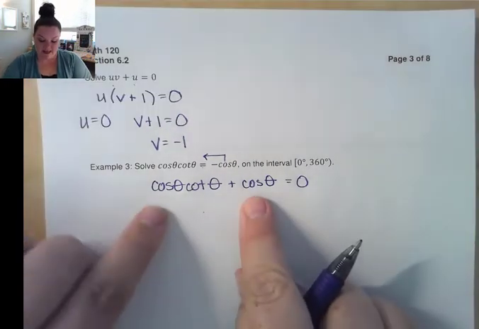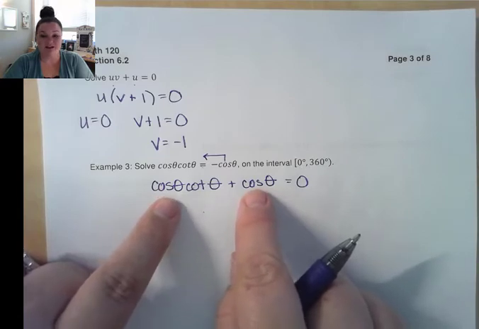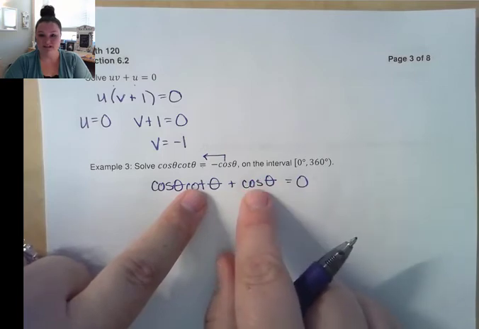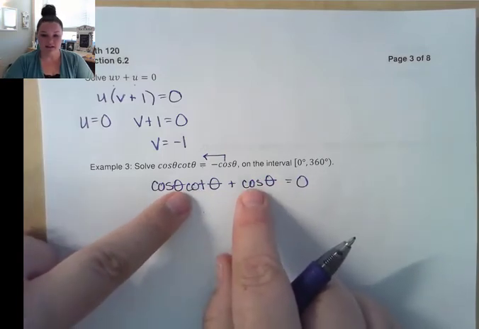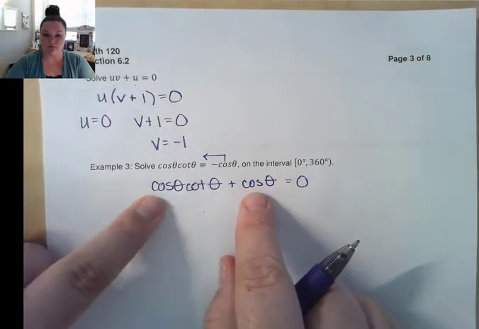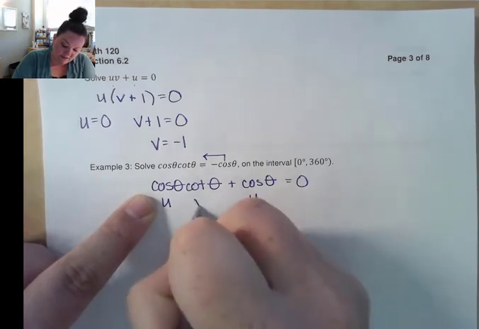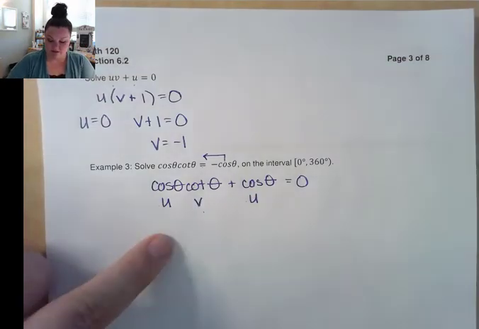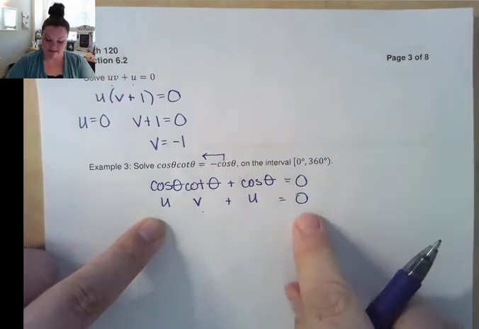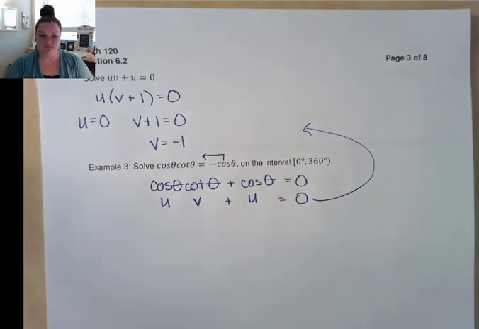So notice what I have here is a cosine within each term, but I can't just add them, right? Because this one has a cotangent and this one doesn't. So when I look at this, this looks very similar to that, right? I could let cosine equal u. Then this would be u, this would be u, and this would be v, right? So I could write this as uv plus u equals 0. And if I did that, then I could go up here and I've already solved it, right?